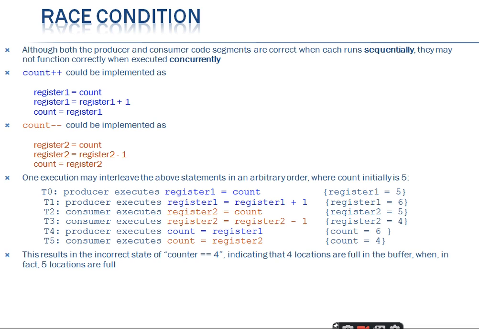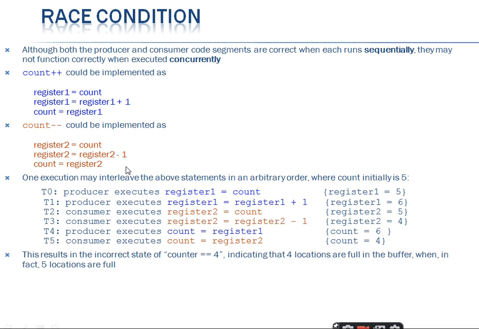The code we have just seen, producer as well as consumer, is correct if they run independently, or if they run one after another. But if these codes run concurrently, they may not execute properly and give you the correct result. They may result in data inconsistency.